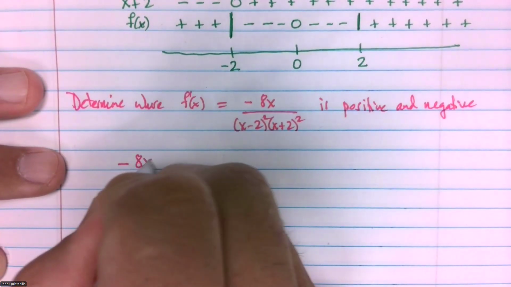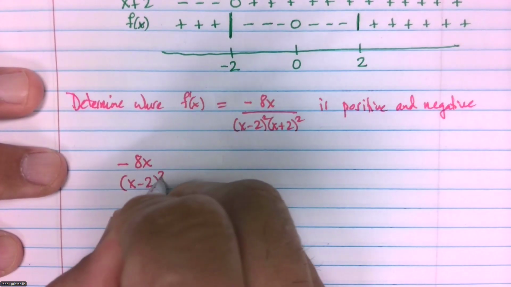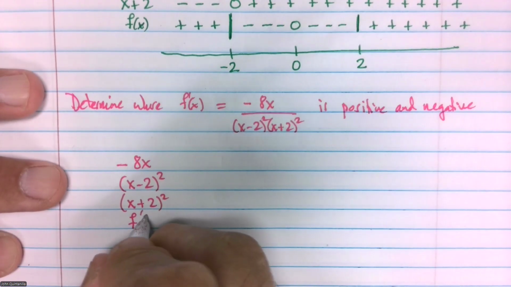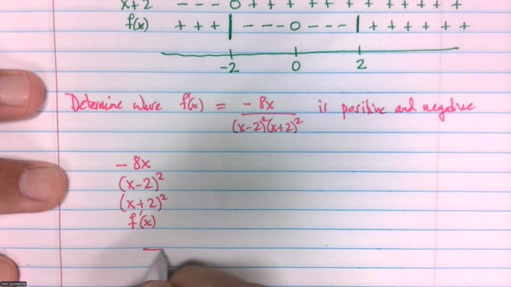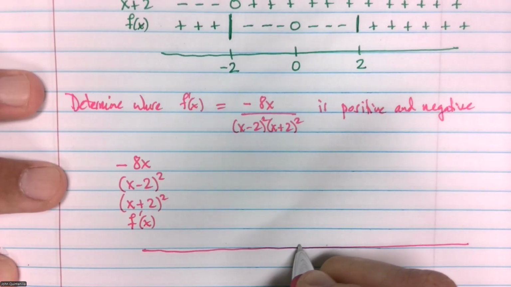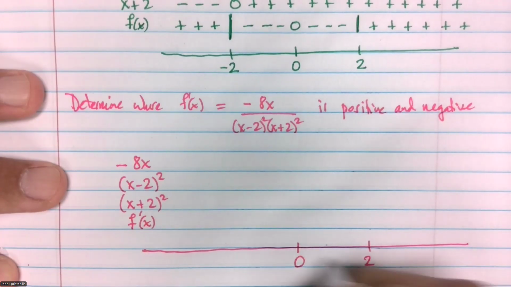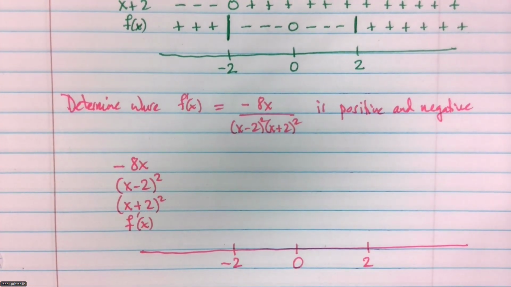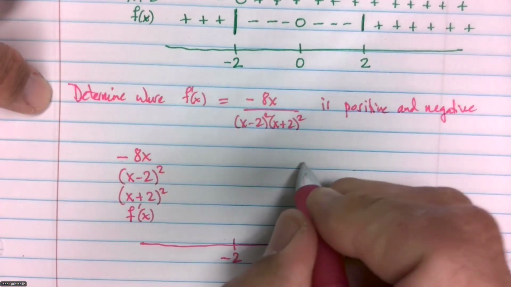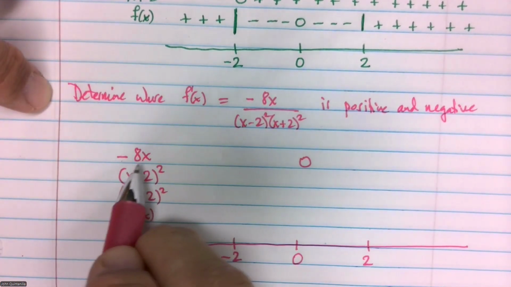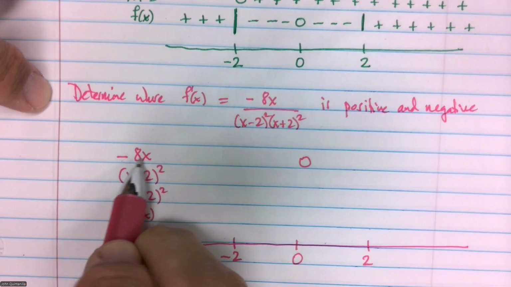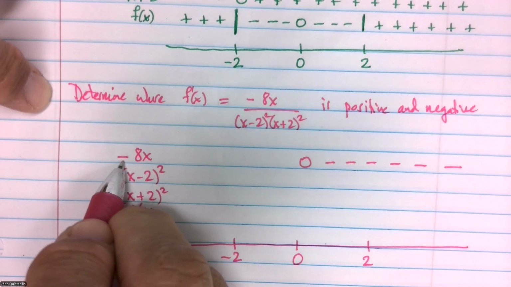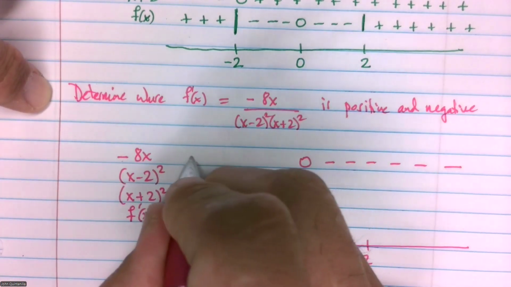I have negative 8x, (x minus 2) squared, (x plus 2) squared. And when combining all these, I get the derivative f prime of x. The points of interest, once again, are 0, 2, and negative 2. That's a coincidence for this problem. It doesn't have to work out like that. All right. Negative 8x is 0 when x is equal to 0. If I plug in something bigger than 0, negative 8x is negative. And if I plug in something that's less than 0, negative times a negative makes positive.